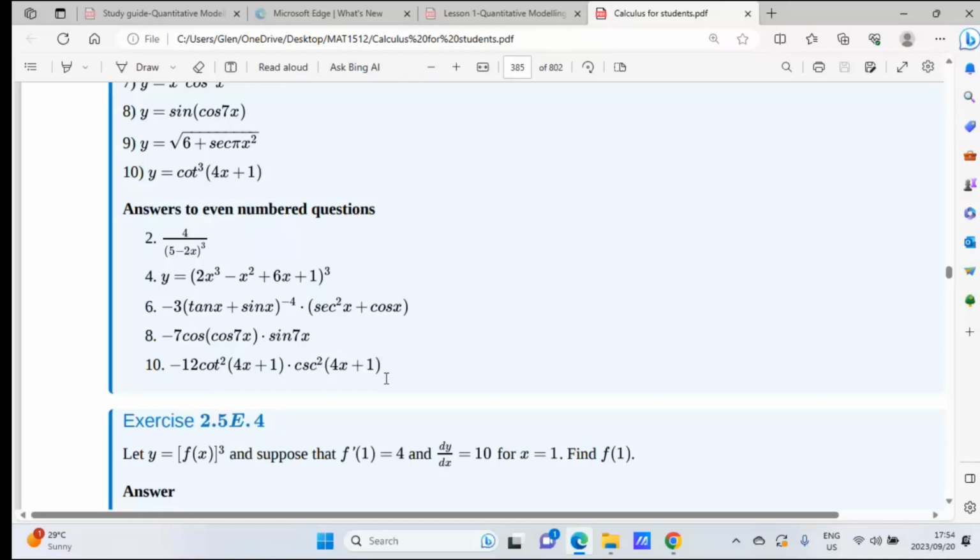Now, before I step off this, are you comfortable in handling this type of exercises? Yes, most definitely, sir.